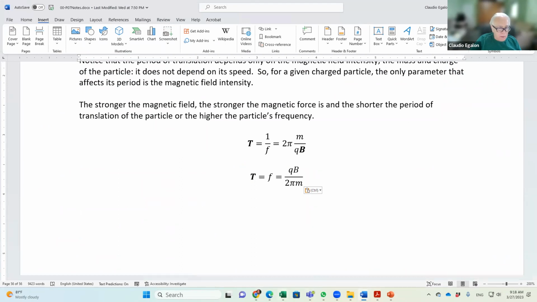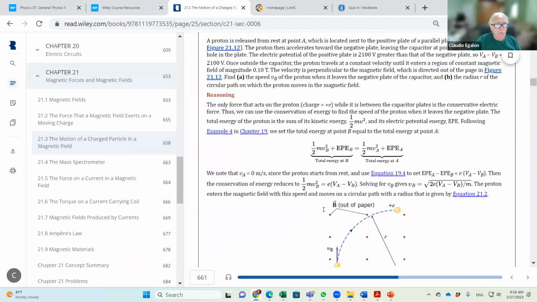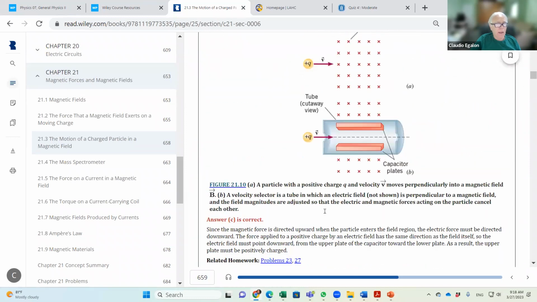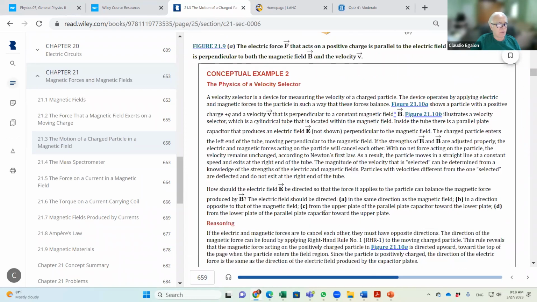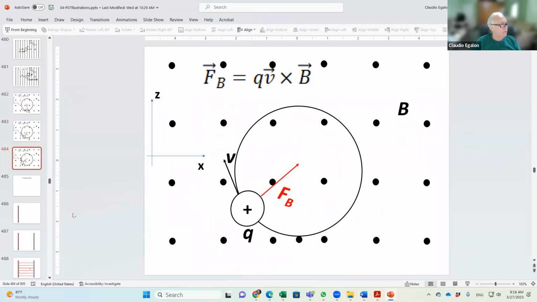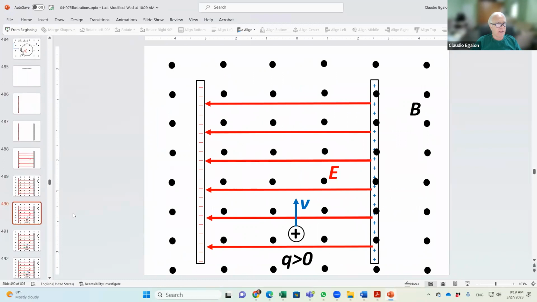And now we are ready to start something else very important. Those are devices that hopefully you're going to be exposed to in your professional life. One of those devices is the velocity selector. We have the velocity selector, the mass spectrometer, and some other devices out there that use the magnetic field. Here is the configuration of the velocity selector.